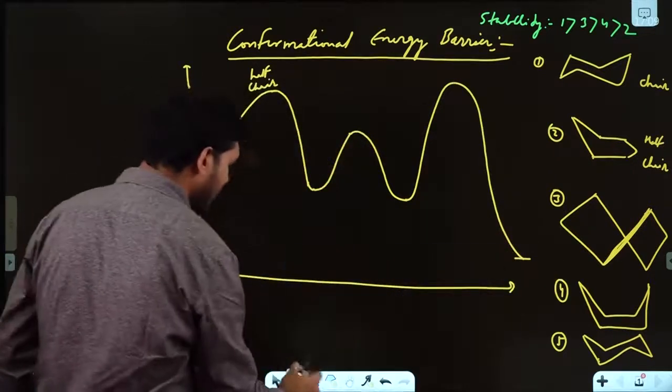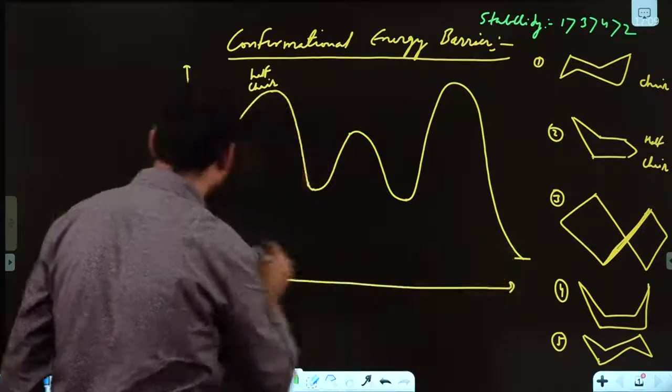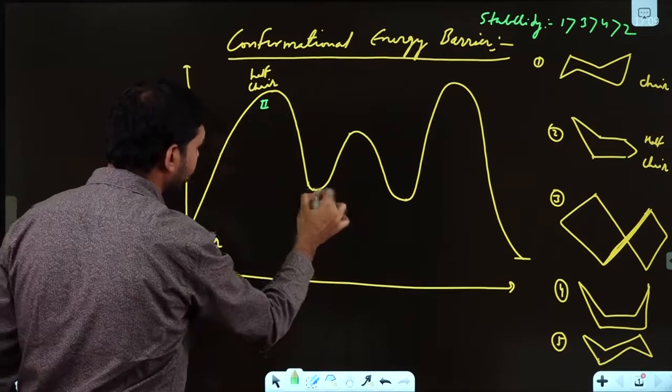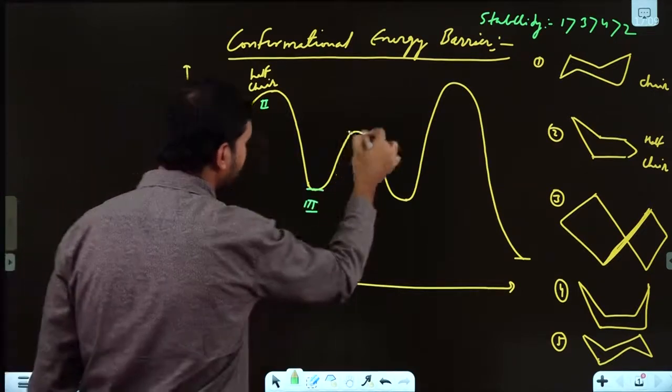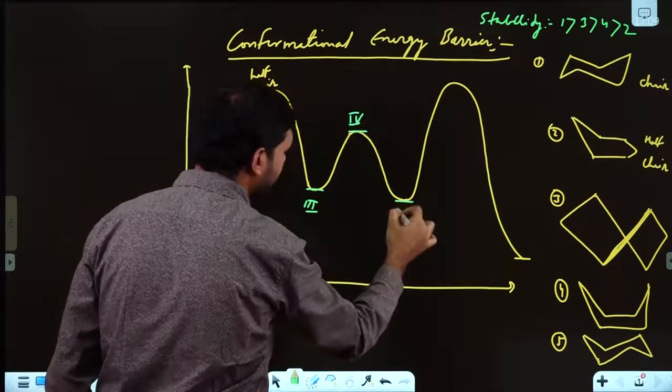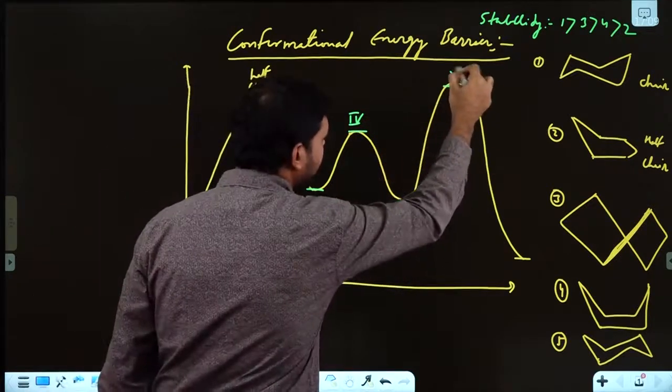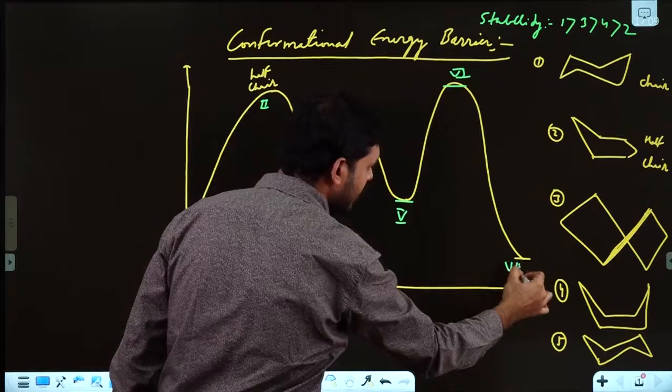So from the interconversion I can again mention the same. This was your 1, half chair 2, this was your 3, 4, 5. You can match it with the earlier diagram, 6, and this is your 7.